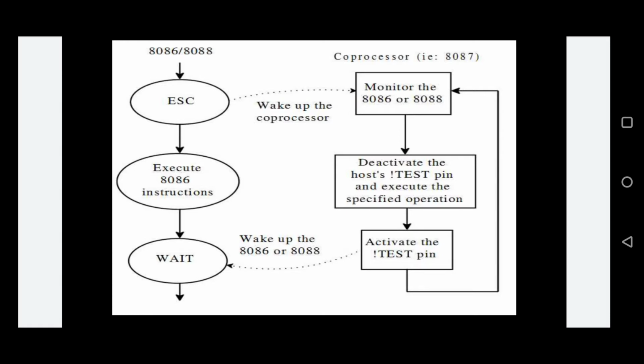While executing the escape code, it finds out which coprocessor instructions require a memory operand and which do not require a memory operand. These are important functions of the 8087. If an instruction does not require any operand, then the instruction is directly executed.